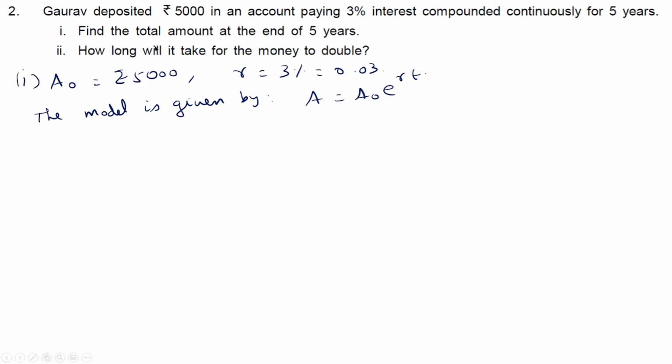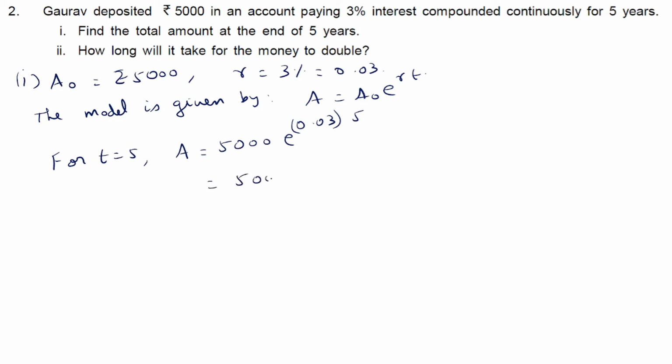So we need to find the amount at the end of 5 years. For t equal to 5, A equal to A0, which is 5,000, into e raised to R, which is 0.03, into t, which is 5.